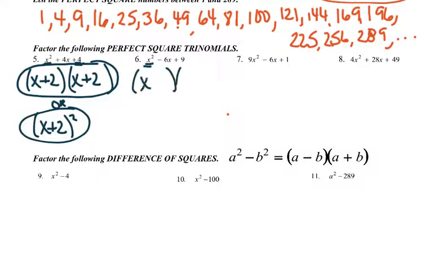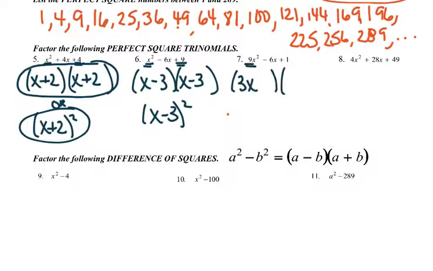x squared minus 6x plus 9, x and x. What multiplies to 9 but adds to negative 6? Right, negative 3, or x minus 3 squared. 9x squared, what multiplies to 9x squared? Right, when it's a perfect square trinomial, it's always going to be the square root. What multiplies to 1? But notice that the inner term there is negative.